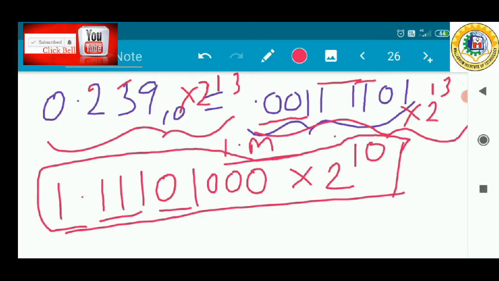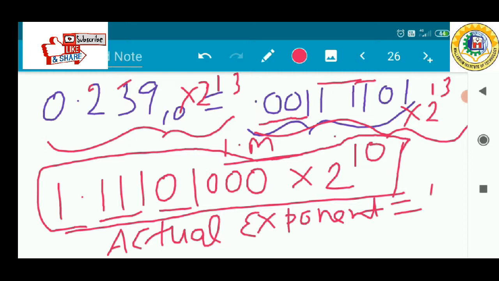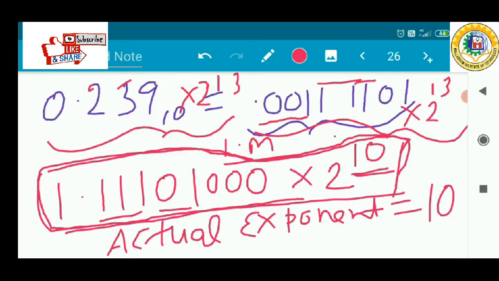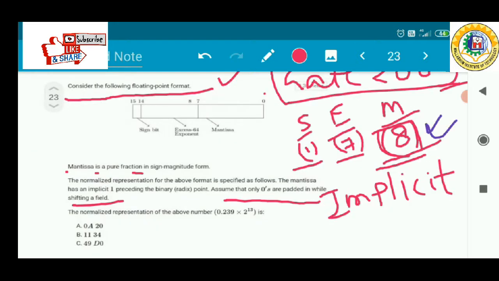Your actual exponent in this case is equal to 10, after normalizing the number in this format. But in the question again it has been written that the exponent is in XS64.